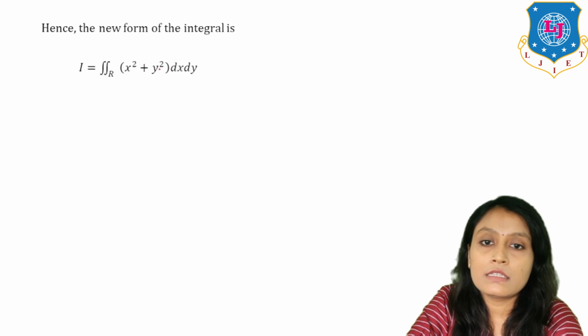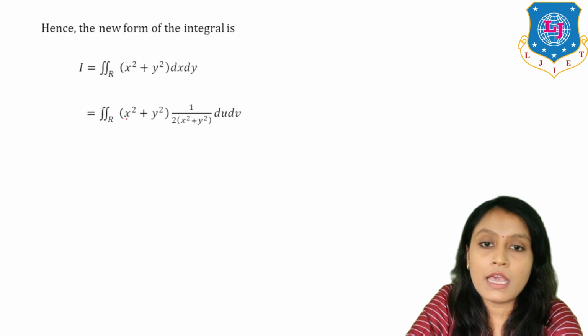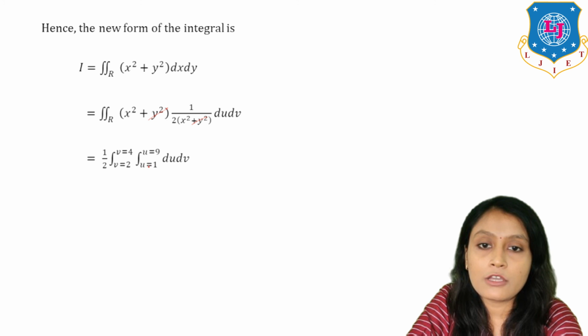So you will get this new integration as the double integration over region R' of (x² + y²). Now J is 1/(2(x² + y²)) du dv. This x² + y² will get cancelled, and what remains is 1/2, which we take outside of the integration, with limits of v from 2 to 4 and limits of u from 1 to 9, du dv.